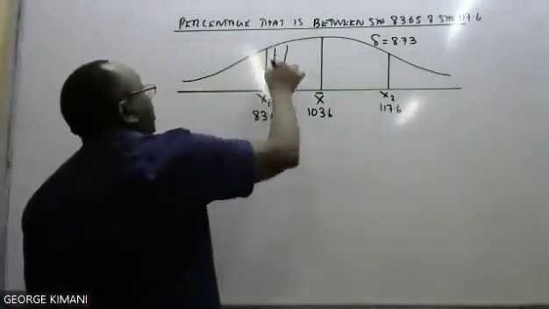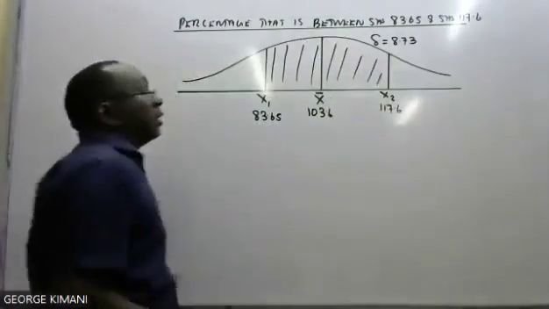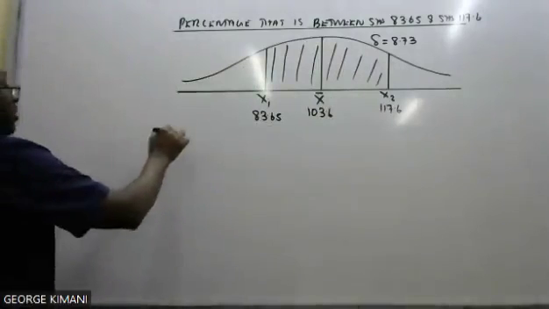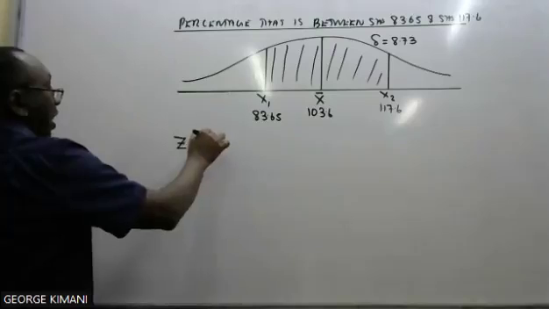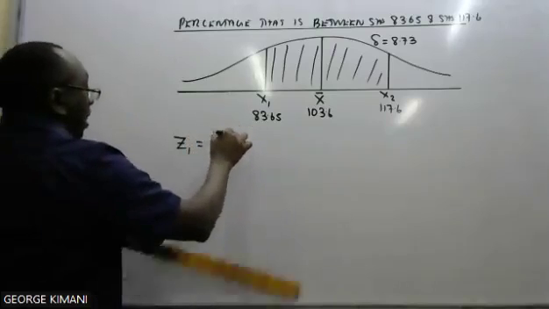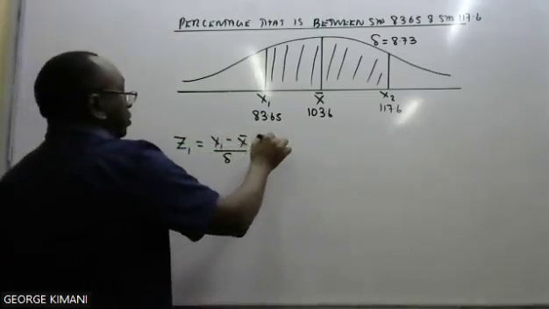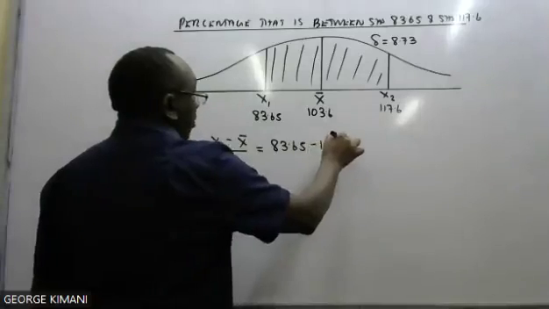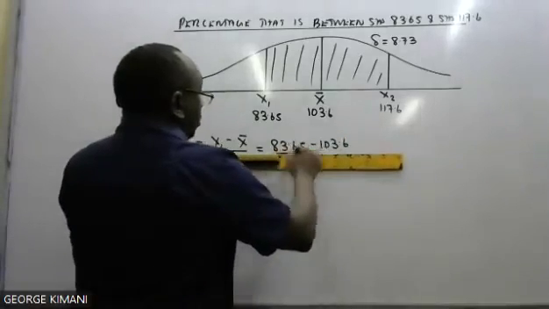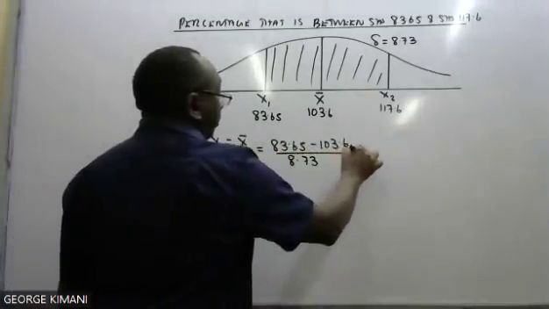So we are interested in this one. So that tells us that Z1 should be X1 minus X bar divided by standard deviation. So this is 83.65 minus 103.6 divided by 8.73.